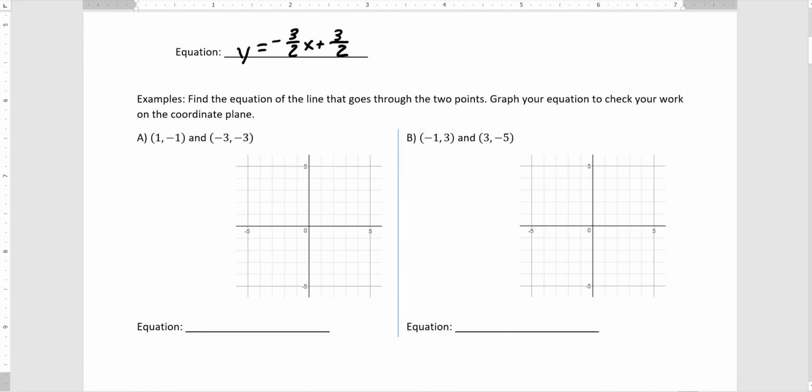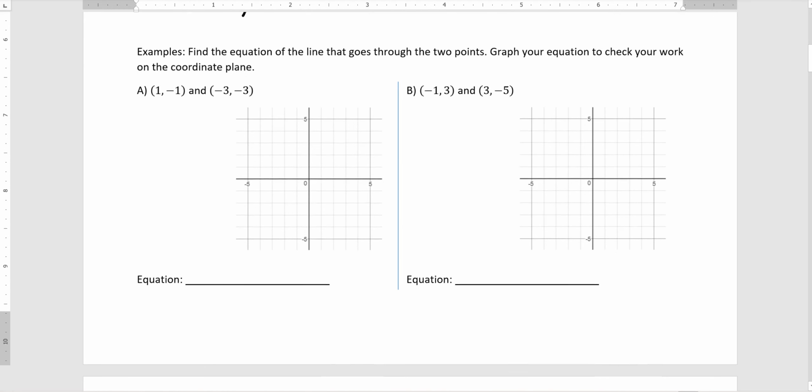All right, now we're going to find the equation of the line that goes through the 2 points and graph our equation to check our work. We have the points (1, -1) and (-3, -3). First, let's find our slope.